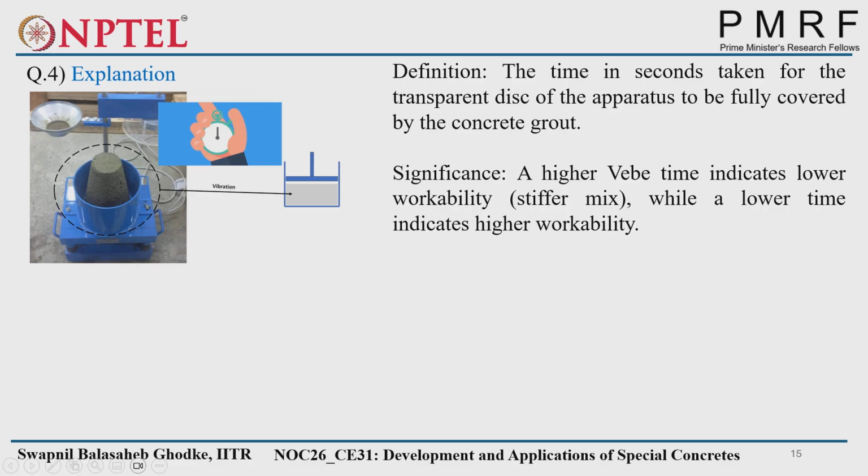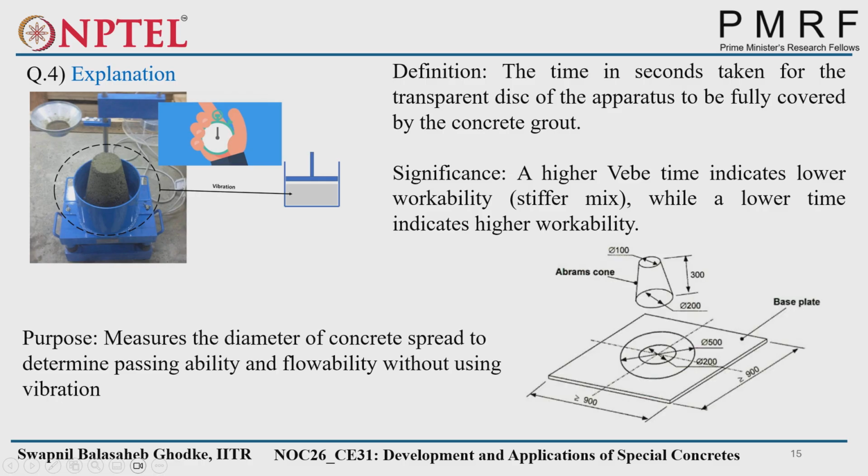When concrete is very stiff, the slump is zero. That's why we use vibration, because we need to measure the workability of stiff concrete also. So we provide external force as a vibration. A higher VB time indicates lower workability, a stiffer mix, while a lower time indicates higher workability.